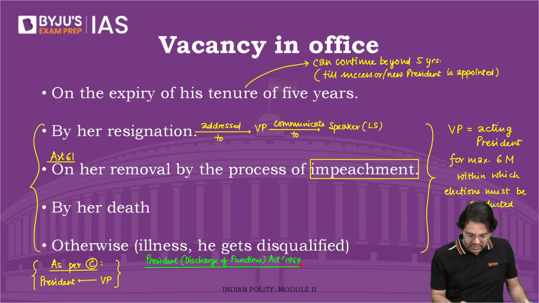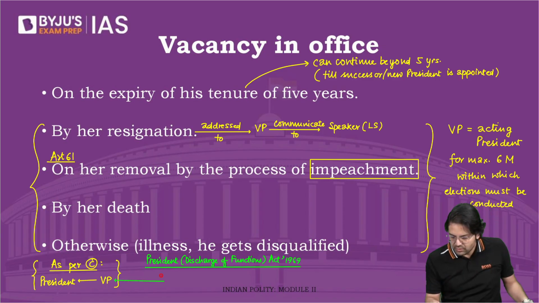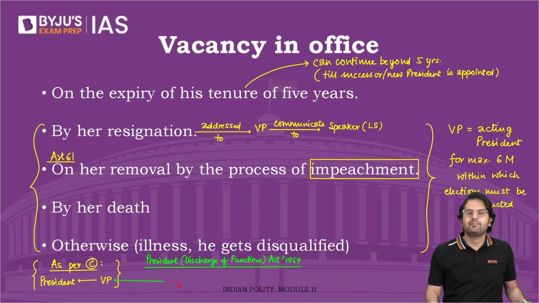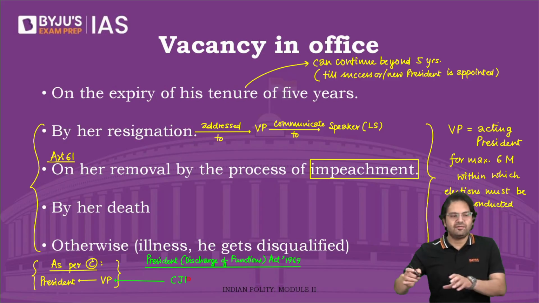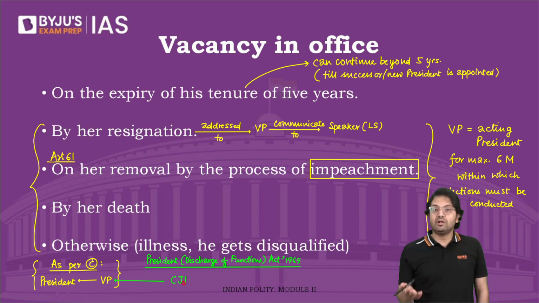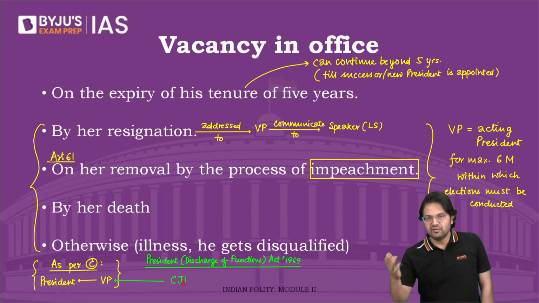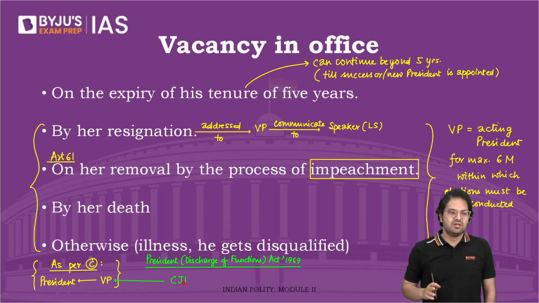As per this law, if VP is also not there, then who becomes the president? Absolutely correct. CJI, Chief Justice of India. Clear? If CJI is not there, next Supreme Court judge, senior most. If he is not there, next Supreme Court judge.